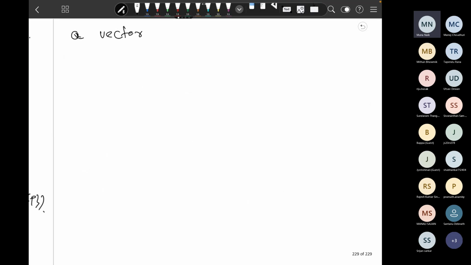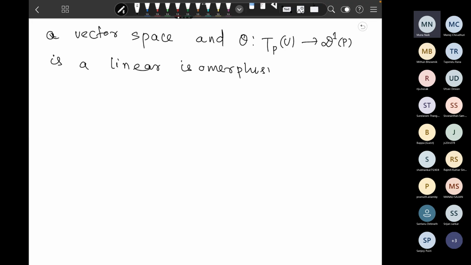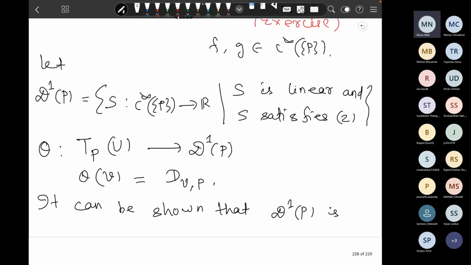Can you show that D1P is a vector space, and theta from T_pU to D1P is a linear isomorphism? So that means T_pU is isomorphic to D1P. What we will do is identify this tangent space element with certain directional derivatives.